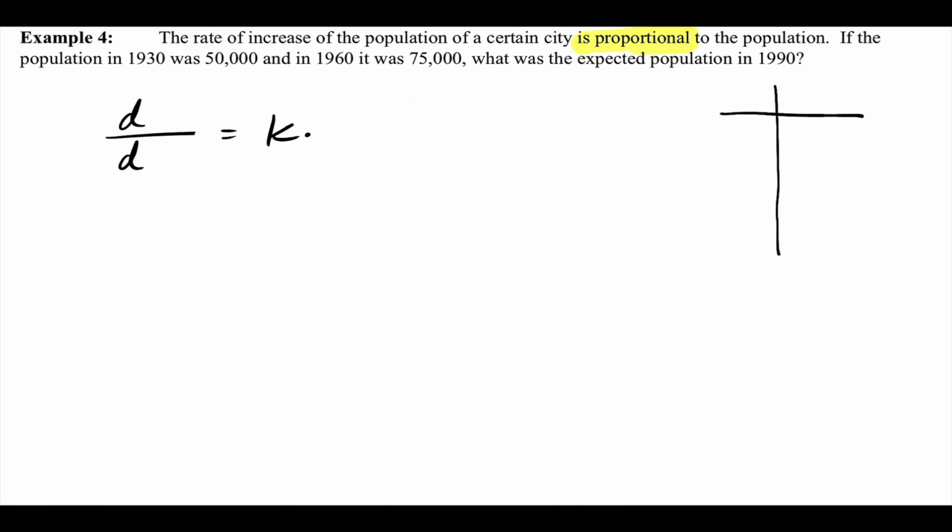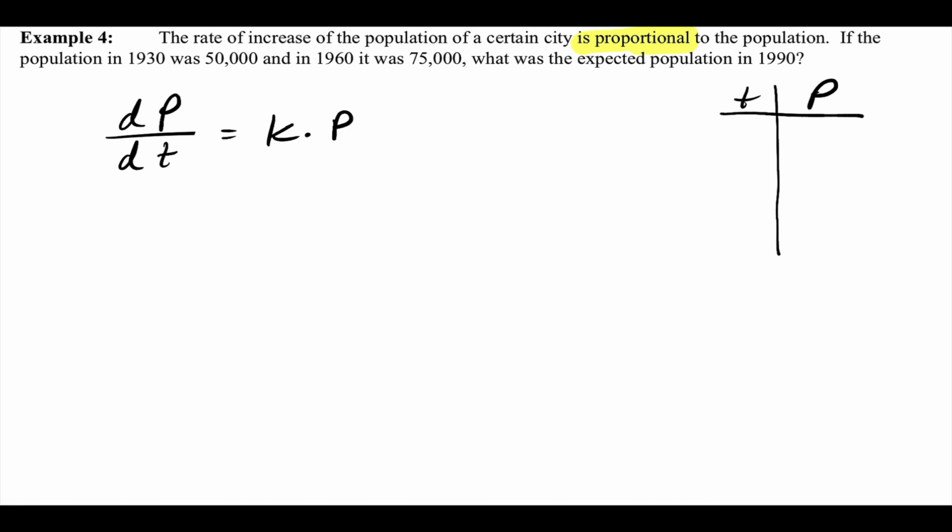What's our independent variable? What's our dependent variable? T, because we're talking about years. I'm going to use a big P for population. Good. T and P. Population, the amount of people.